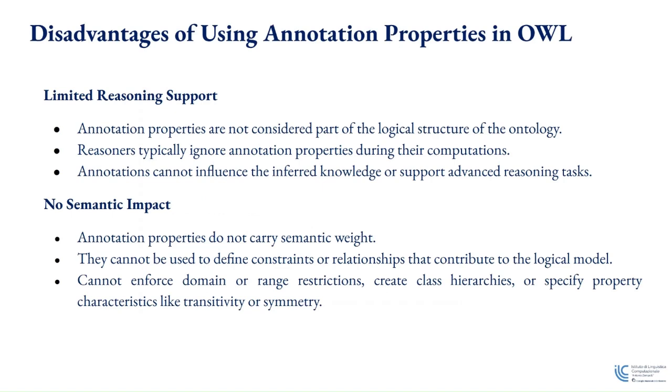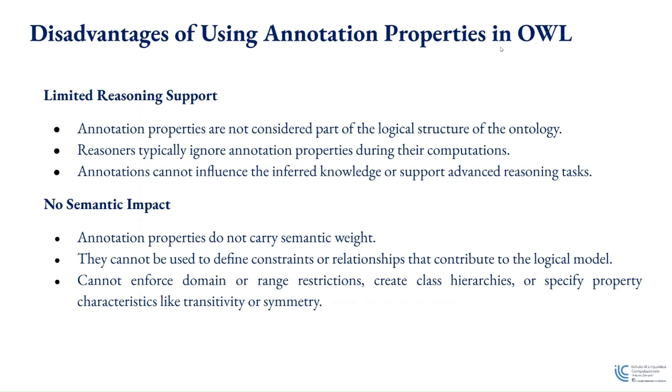However, using annotation properties can have some disadvantages. First of all, as I've already said, we have limited reasoning support because annotation properties are not considered part of the logical structure of the ontology, and reasoners typically ignore annotation properties during their computations.